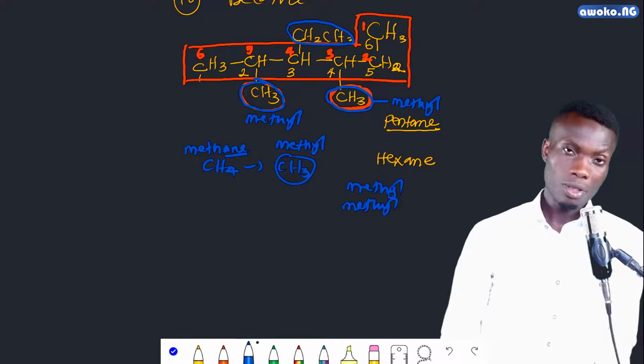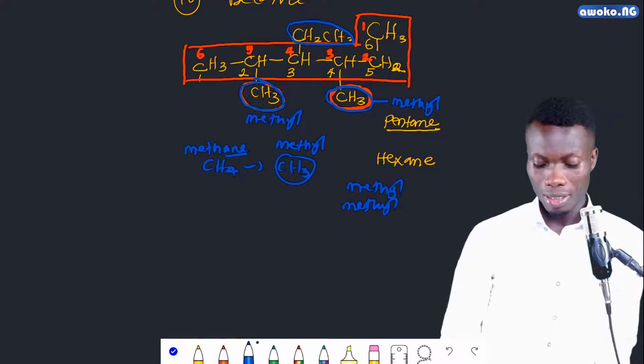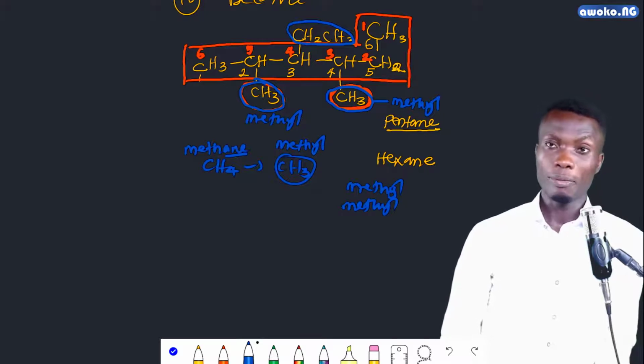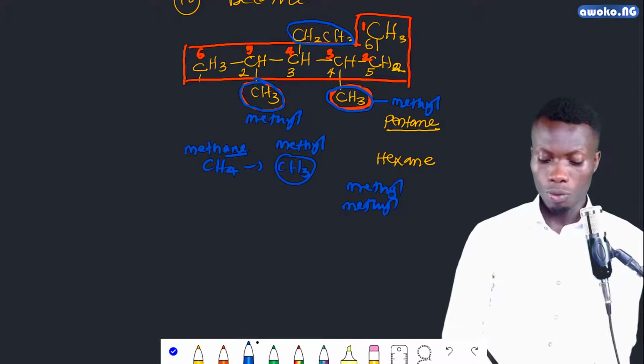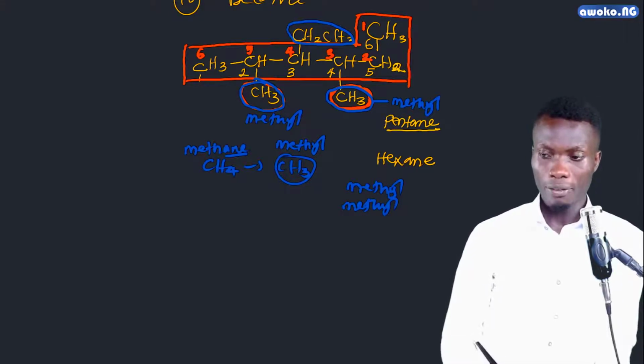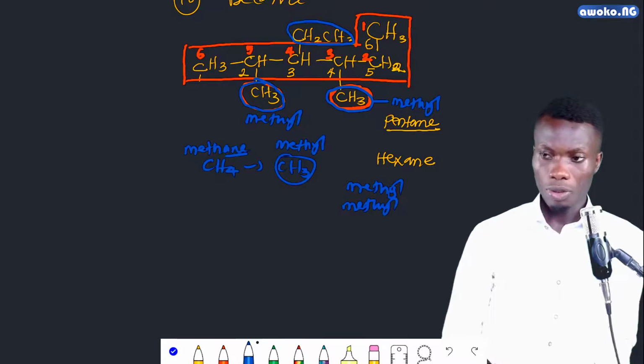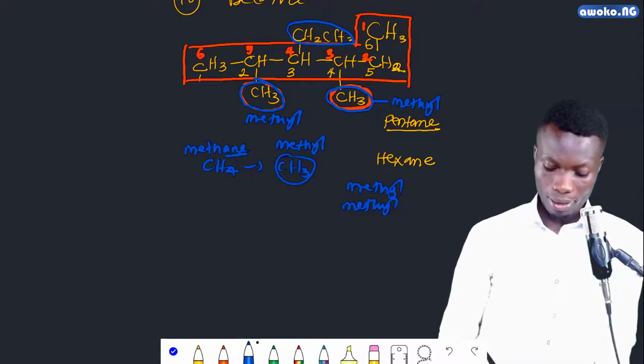Now, note, we still have another branch at carbon number 3. And that branch is much more complex. That's not a methyl group. Though it's an alkyl group, it is not a methyl group. We have 2 carbons and 5 hydrogens, so you can see that this is C2H5.